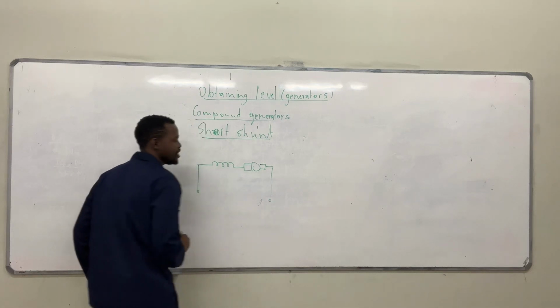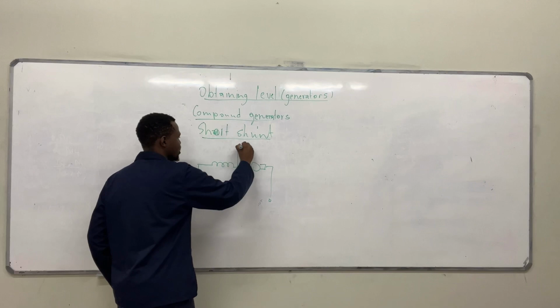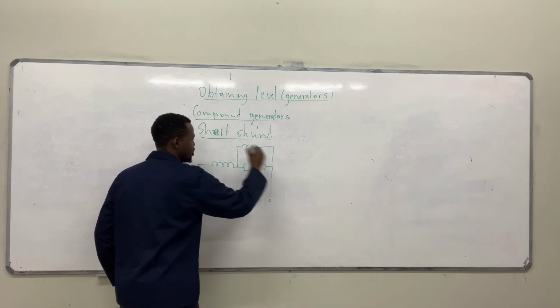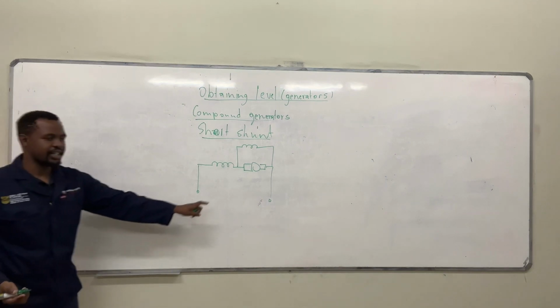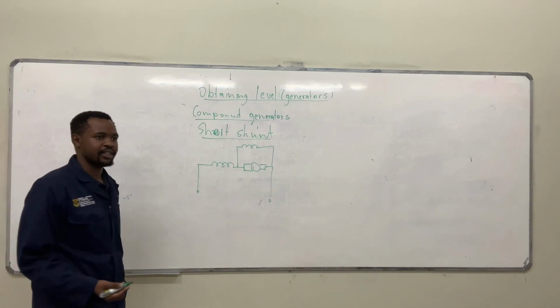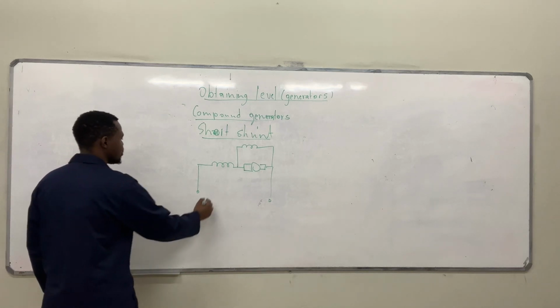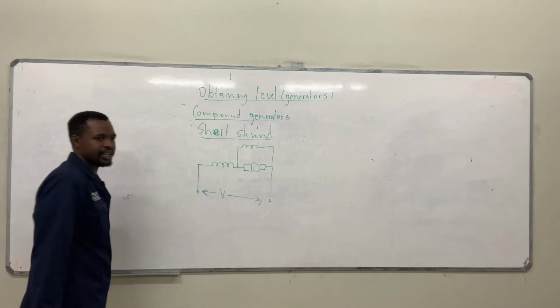But the shunt field winding is only shunting the armature. It is not shunting both of them this time. Hence we say it's a short shunt. Let us look at our circuit and try to make sense of what is happening.